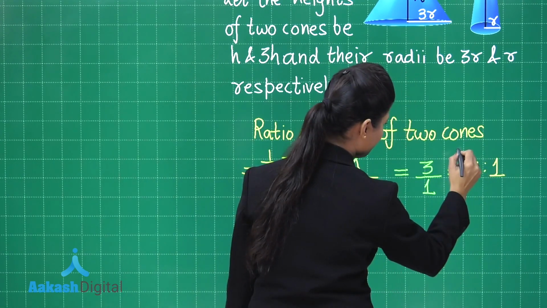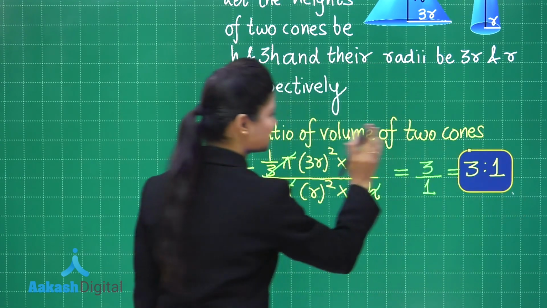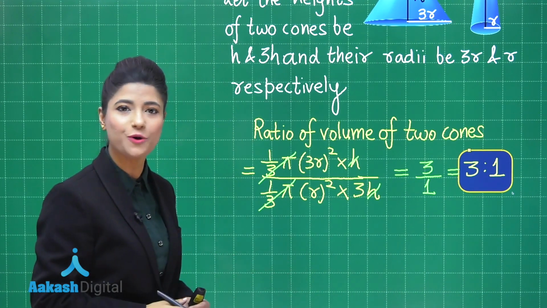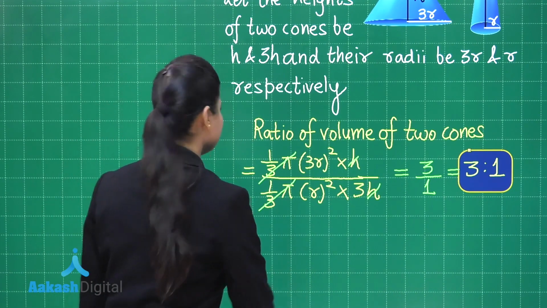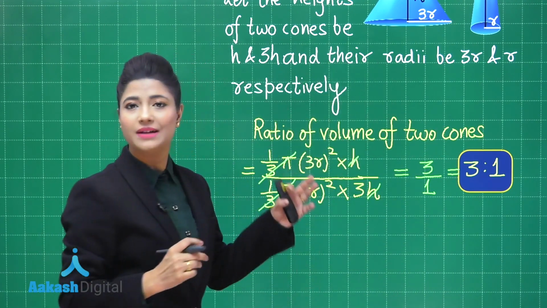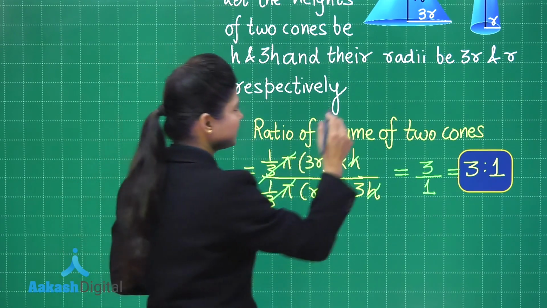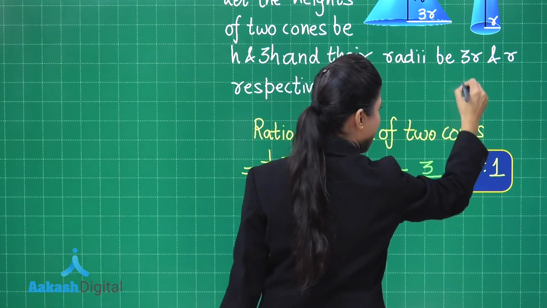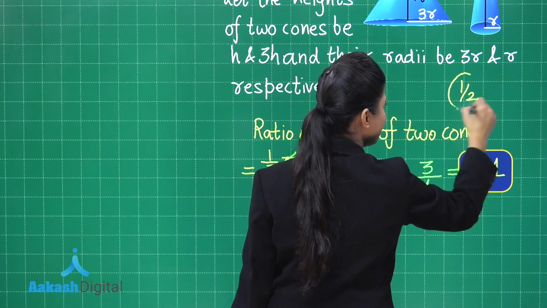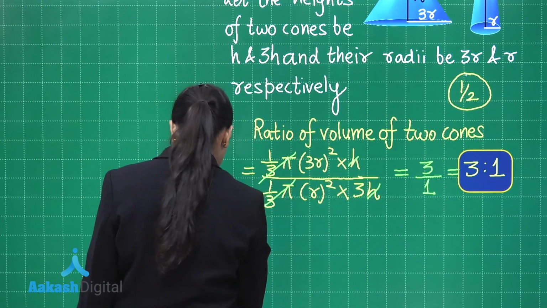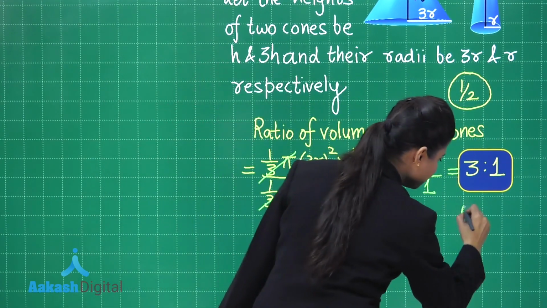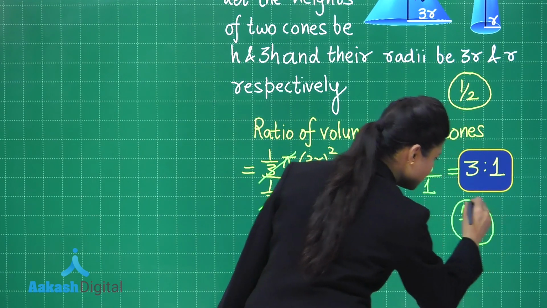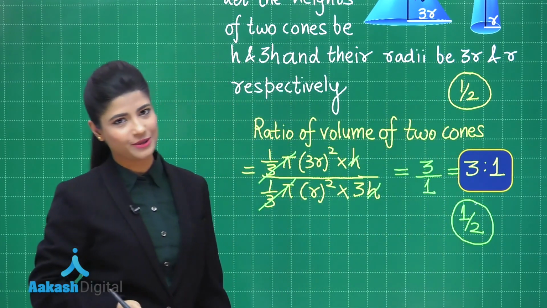So ratio of the volume of the two cones is 3:1. So this is the required final answer for this question. So till this step where you consider the radii and the heights as h, 3h and 3r and r, you will get half marks, and for finding out the final ratio you will get the rest half marks, which gives you total half plus half, 1 mark for this question.